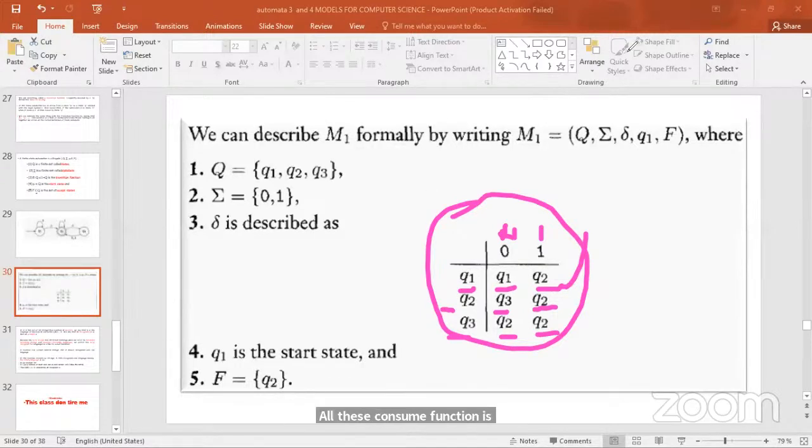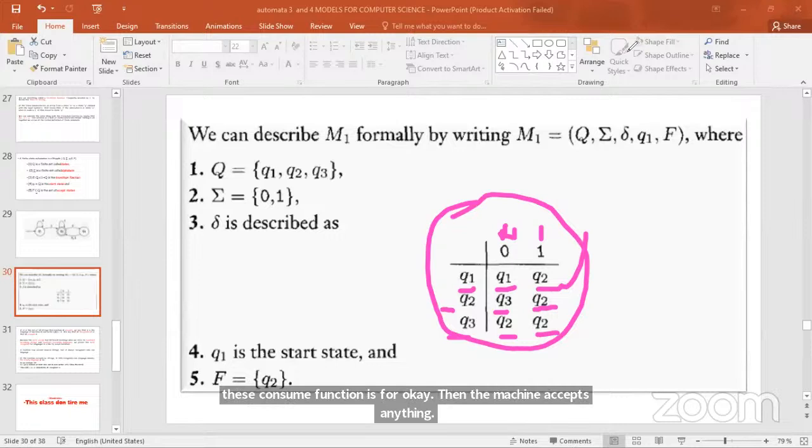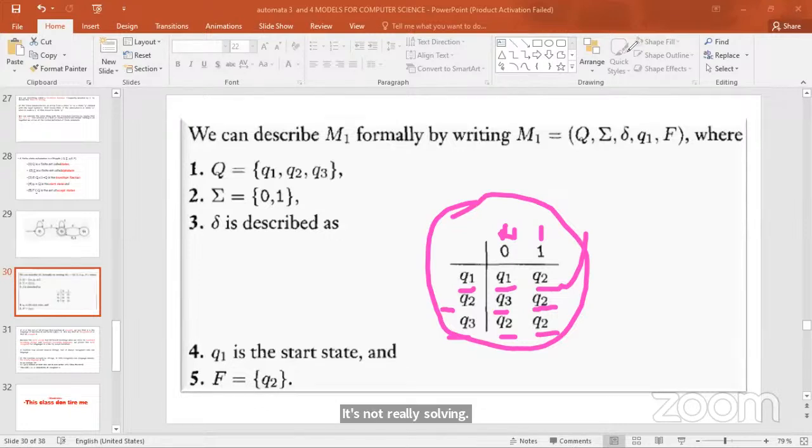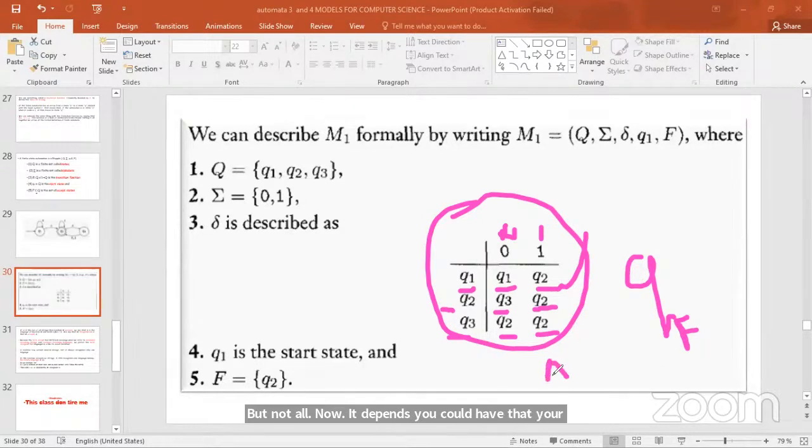Then the machine accepts anything. It's not really solving. No, it doesn't accept anything, because I was seeing F as a subset of or equal to Q. Yes, once we are seeing F, it ought to have been written as QF. But not always, it depends. Your states are not just Q. Your states can be A, B, C, D, right?